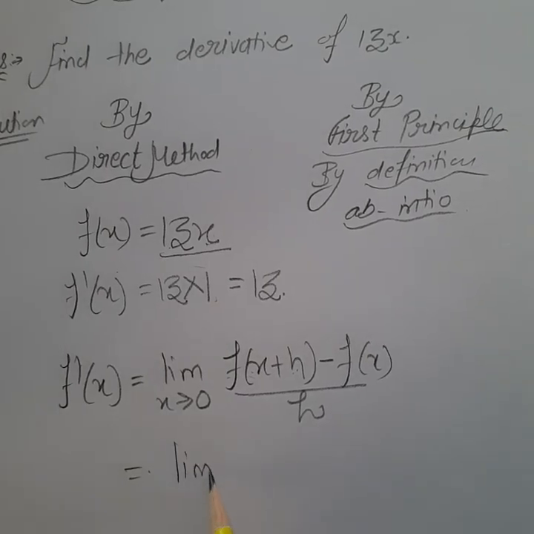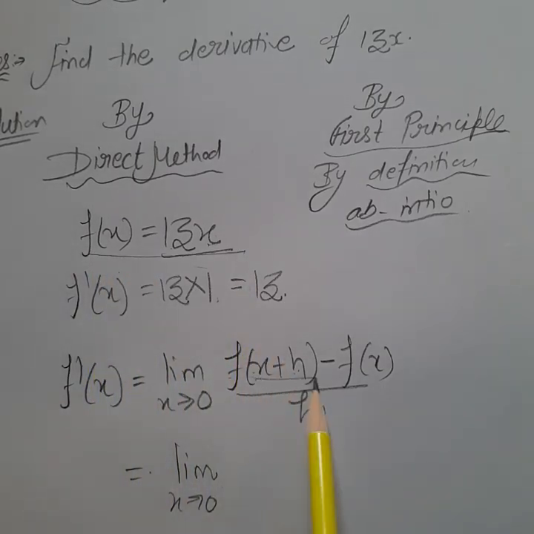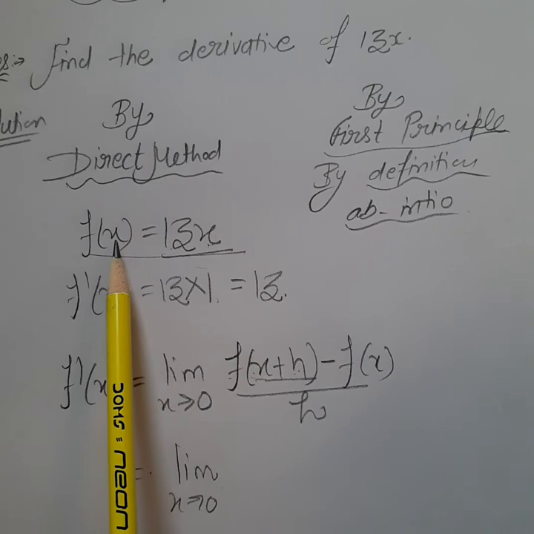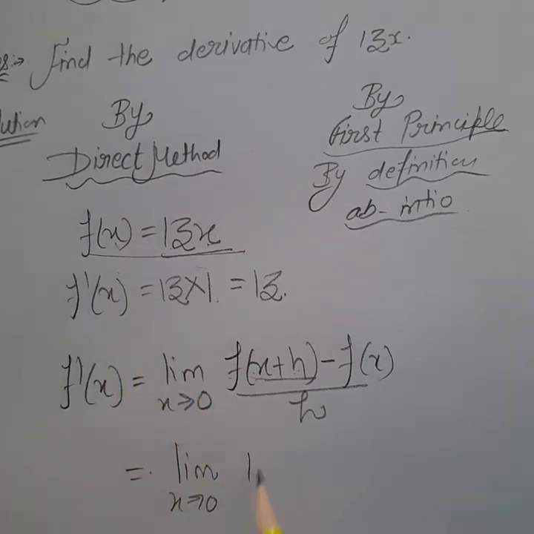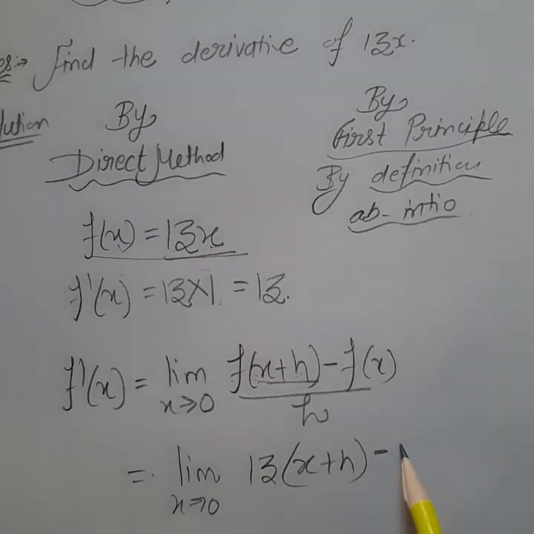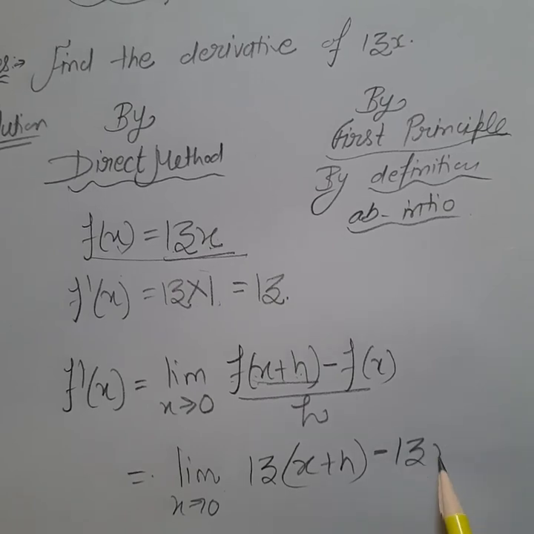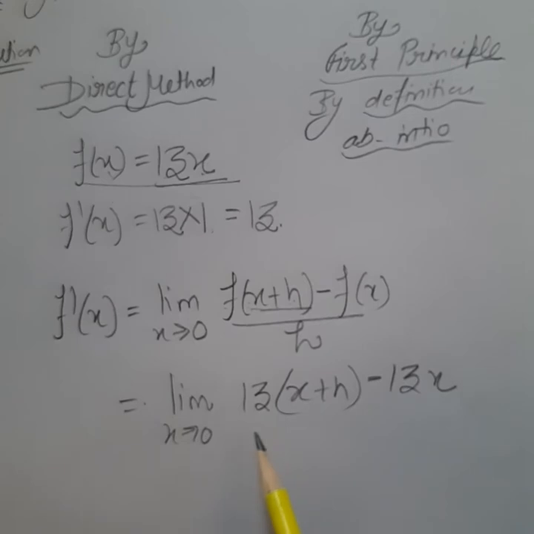So you can write limit h tends to 0, and when you compare f(x) with f(x + h), you put the value of x as x + h. So we write here 13(x + h), and the value of f(x) is 13x. We write f(x) as it is, and in the denominator we write h.